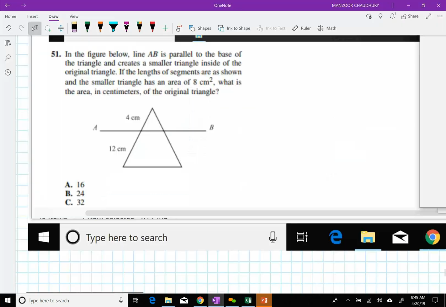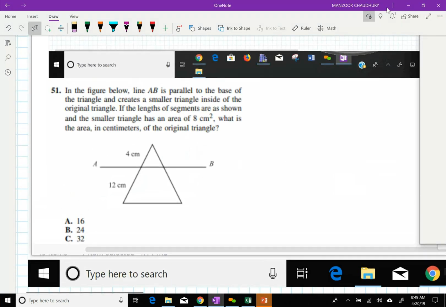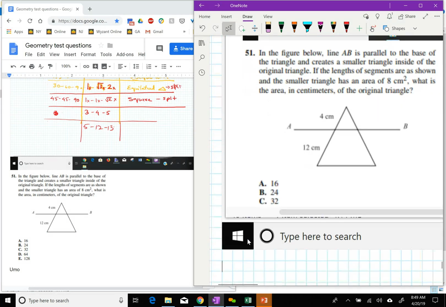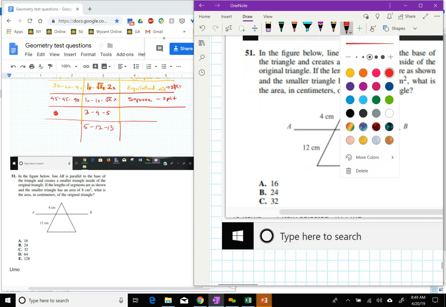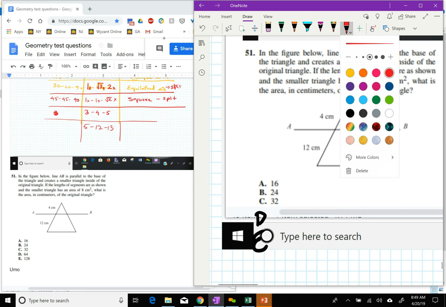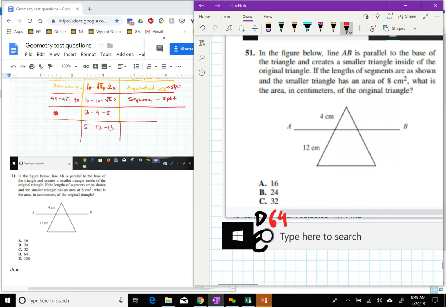Okay, so this 51 is an exam problem, so go ahead and try this. Actually, there are 2 other options. In the figure below, line AB is parallel to the base of the triangle and creates a smaller triangle inside of the original triangle.